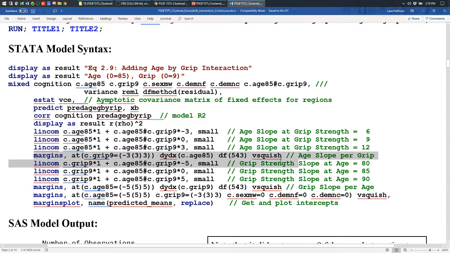So the other margins up here, it's giving you the simple effect of age looping across these values of grip strength instead. So it's the opposite. And then last but not least, the last margins that I asked for here, which are the predicted means for each of these different types of people, it's going to make me a picture.